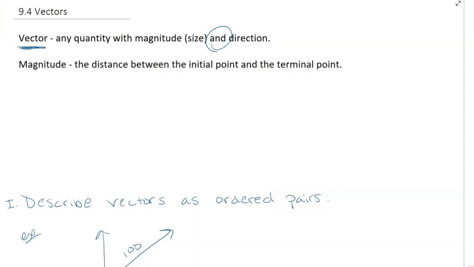All right, magnitude is defined as the distance between an initial point and a terminal point. So if you're just looking at a ray, is what we call it mathematically, the initial point is that starting point, and where the arrow tip is, that's your terminal point.